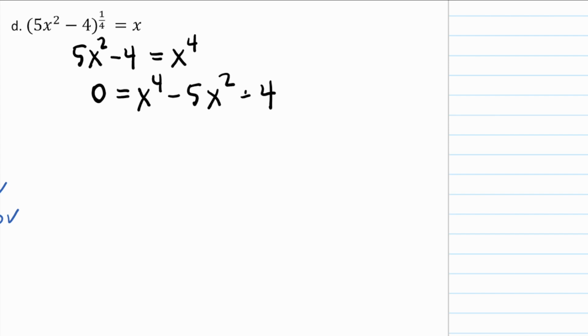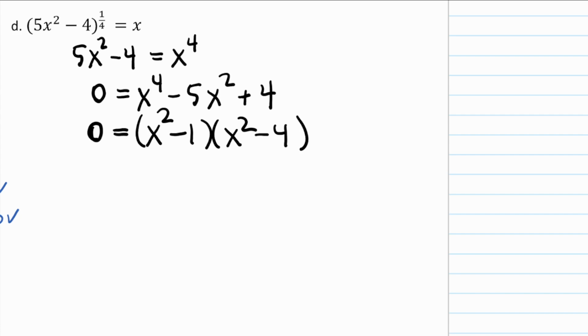That would not be working, but I needed to add 4 to both sides. So now, okay, I've got -1 and -4. It's just going to be x squared minus 1 and x squared minus 4. You can look at that and kind of mentally FOIL and see how that would work out.